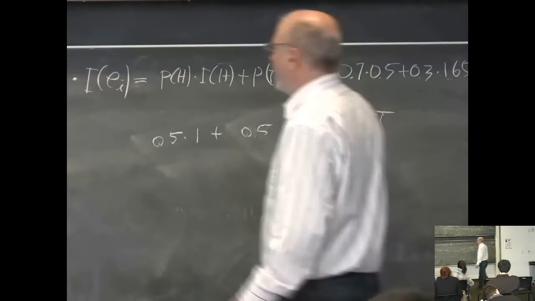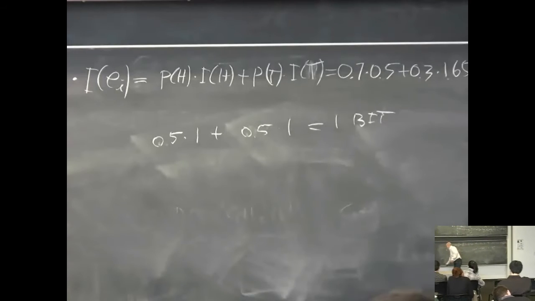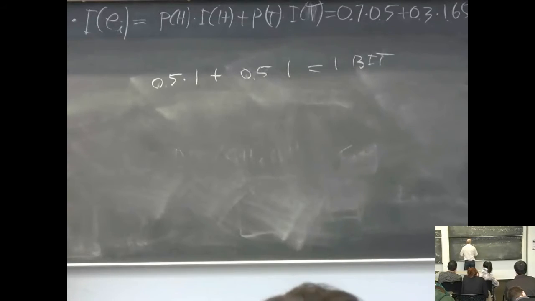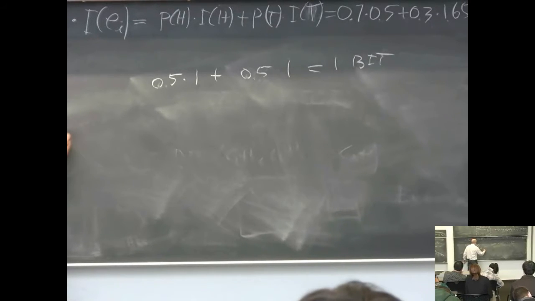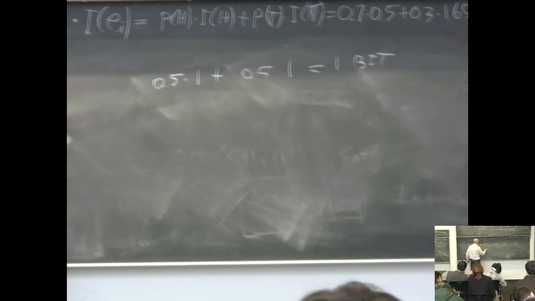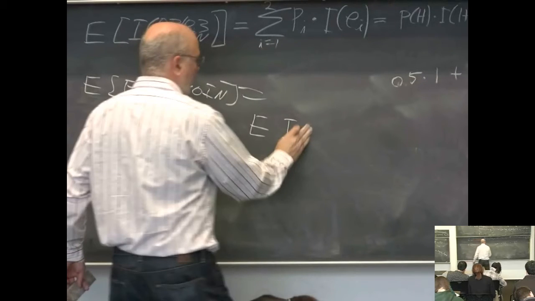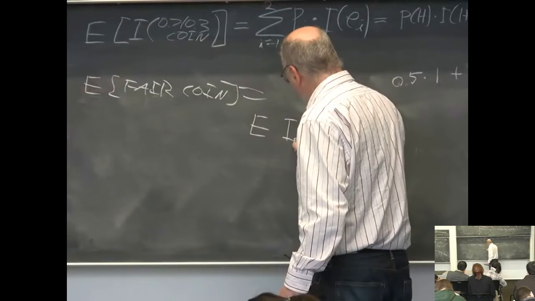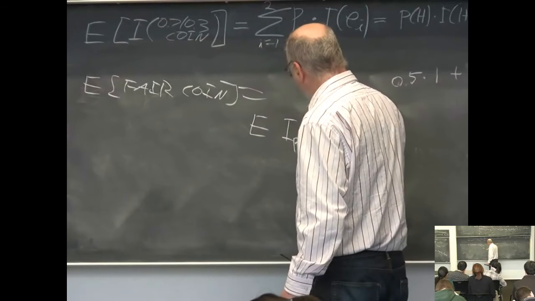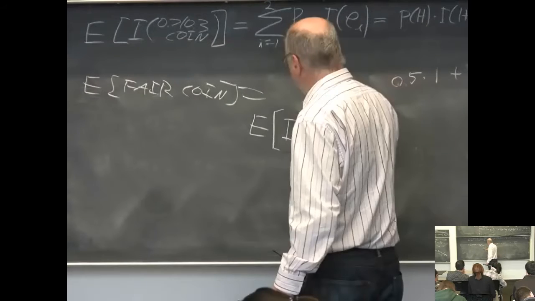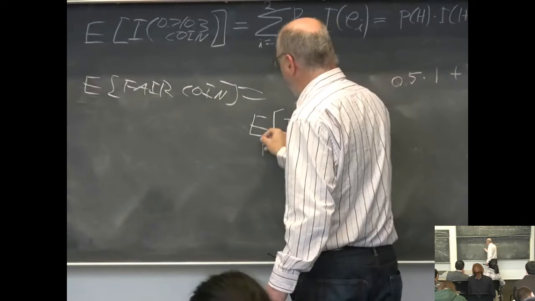There's a name for this. If I just consider the expected value of the information in a particular, what do I call it? Okay, the information according to P of an event, this is a random variable, and I'm looking at its expected value under the same distribution.